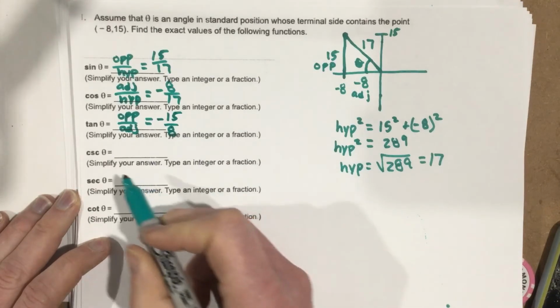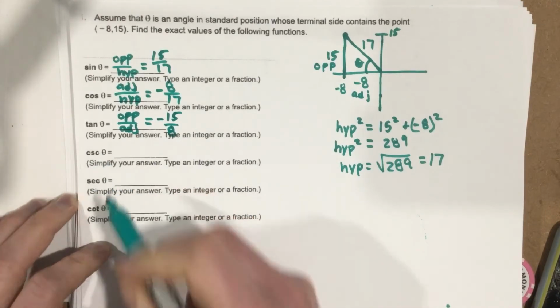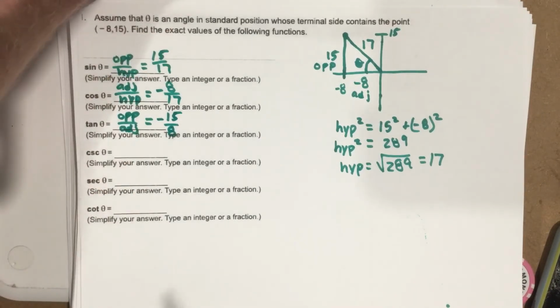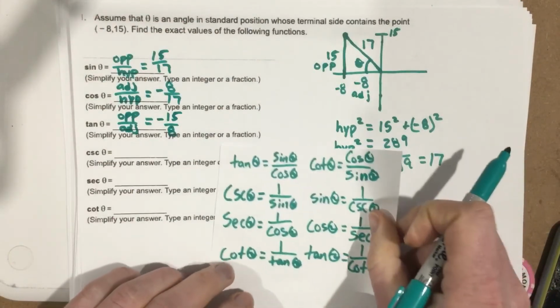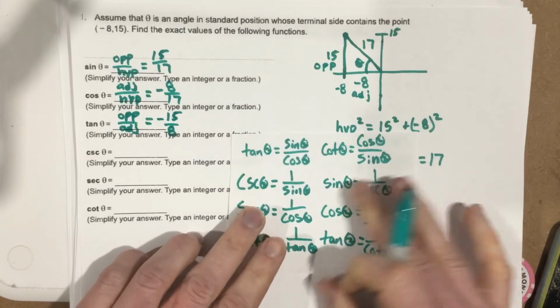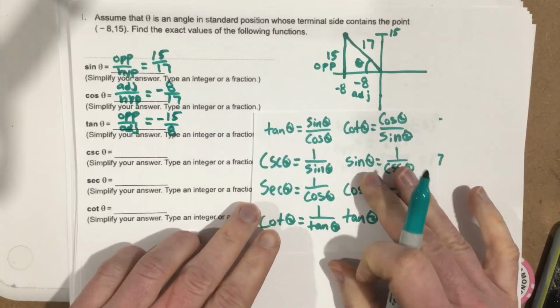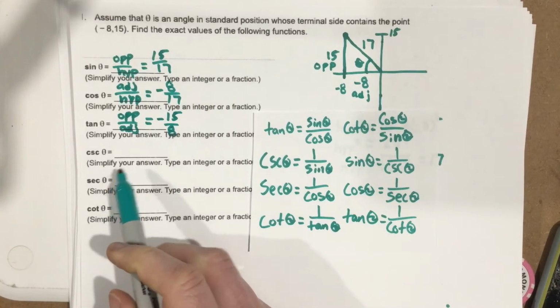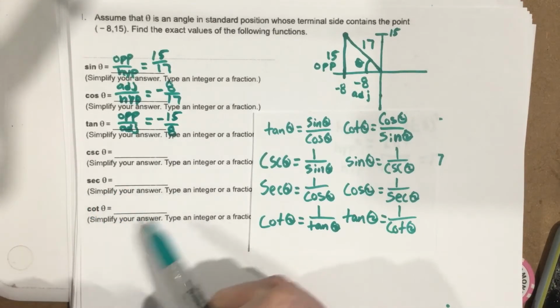And then finally, we're going to get cosecant, secant, cotangent. Now, these are the ones that are a little bit more difficult. I personally like to use the reciprocal identities for trig to do this. Now, I think there are some other identities out there where they say like maybe x over r and so on and so forth.